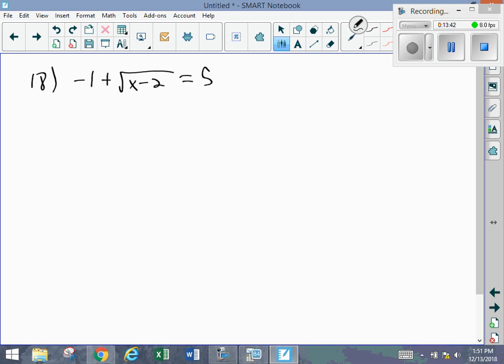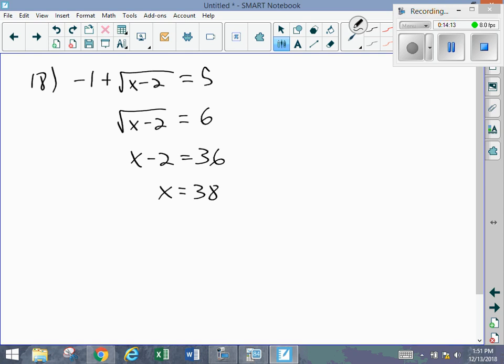Alright, whenever we have a radical equation, the first thing you want to do is isolate the radical. Get that radical by itself. The way that I'm going to do that is I'm going to first add 1 to both sides. So, boom. Now the radical is all by itself. Oh, so you just square both sides. Now I'll square both sides. 6 squared is 36. I'm going to add 2 to both sides.